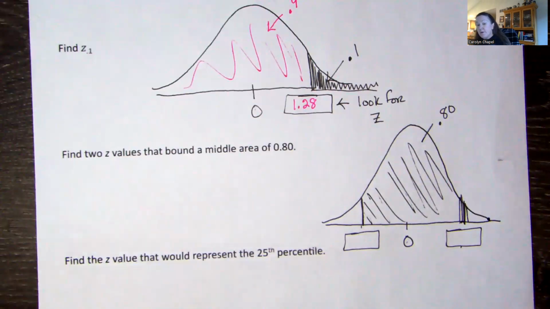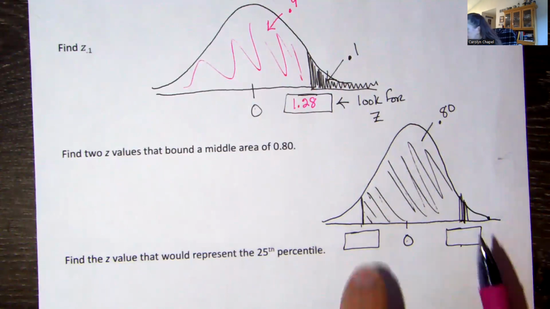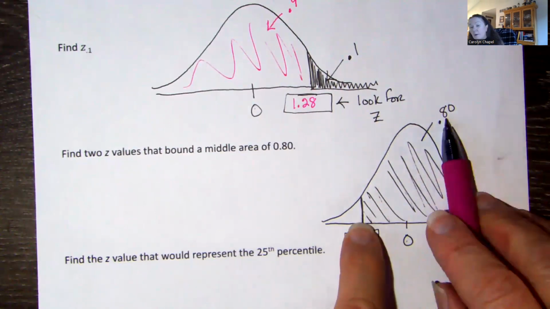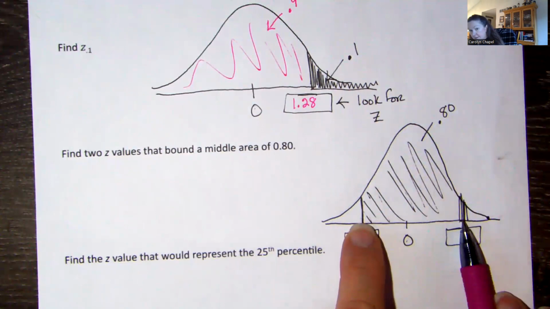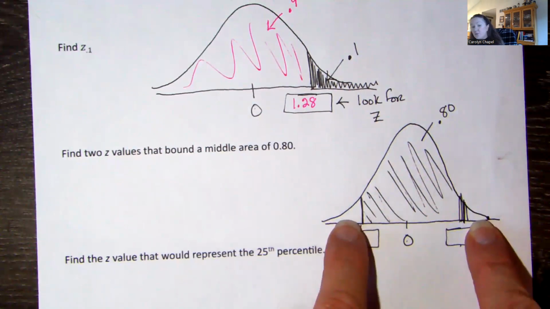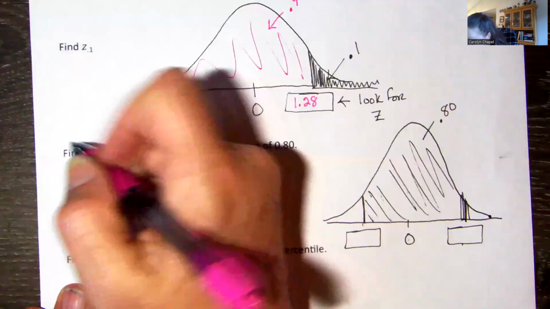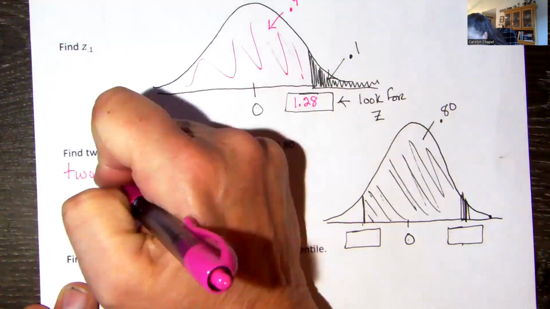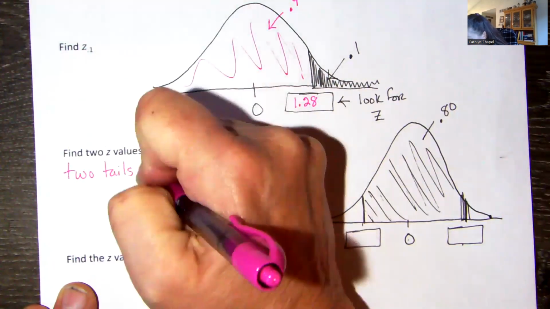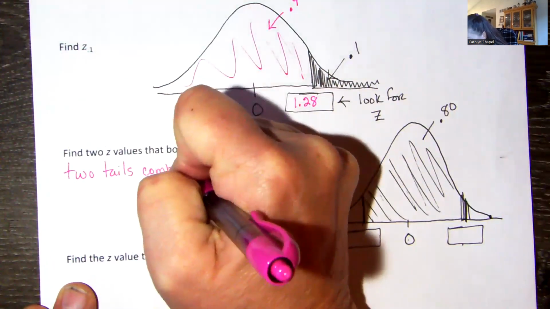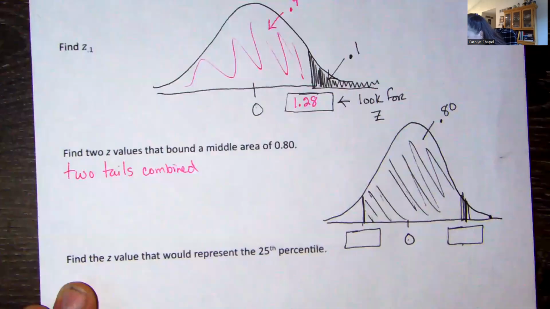Okay, so remembering that the table always gives us area to the left of something. This is a middle area. It's a little bit harder to figure out. So what we are going to do is if there's 0.8 in the middle, that means these two ends, our two tails combined, is 0.2.